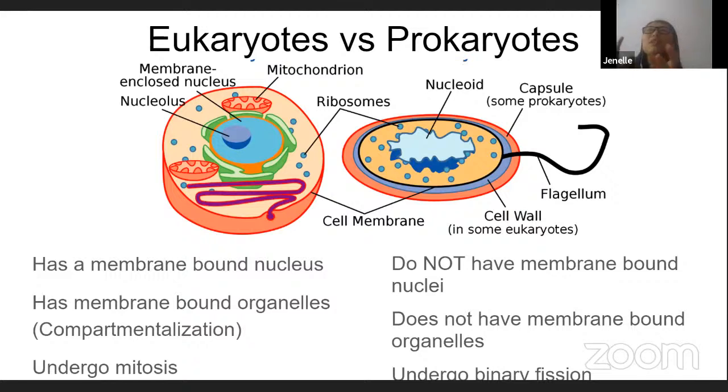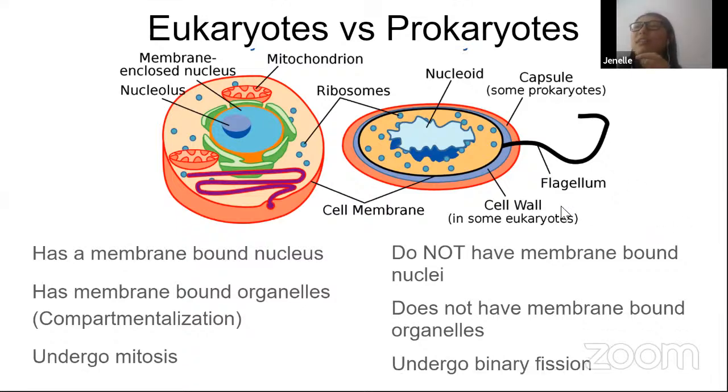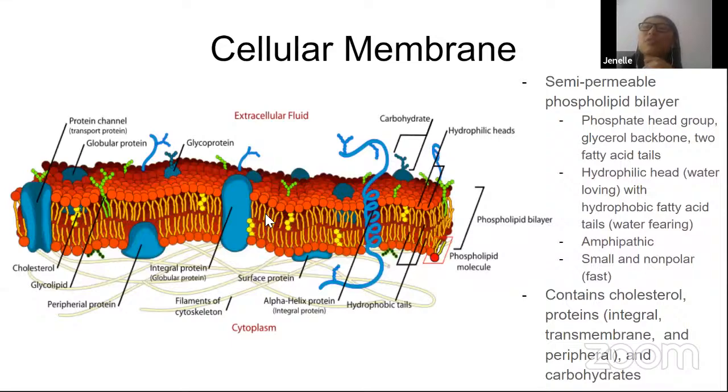Something facing the extracellular environment would usually be more polar, especially if they say something that's charged on the outside, if the cell is surrounded by something charged. Whereas embedded inside the cellular membrane, as in this diagram, usually are the hydrophobic tails, and so something to match that would be the non-polar amino acids.